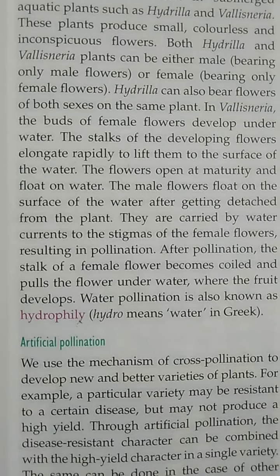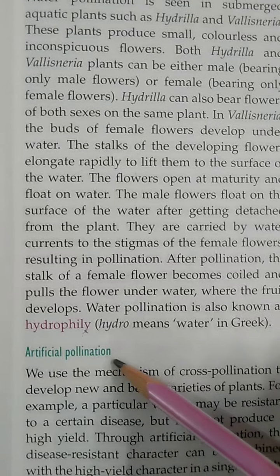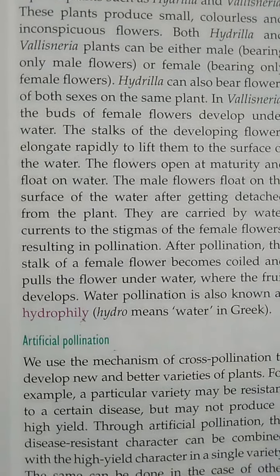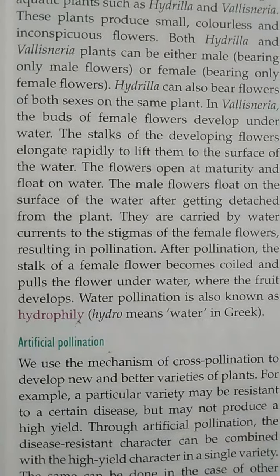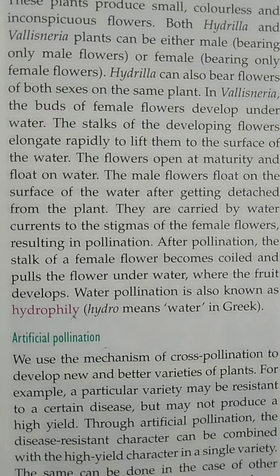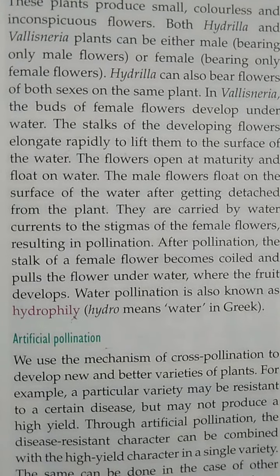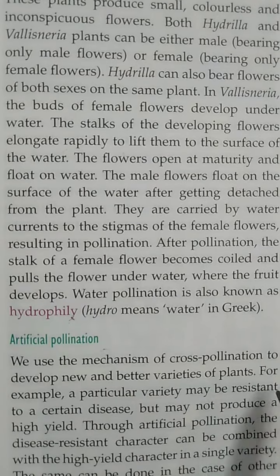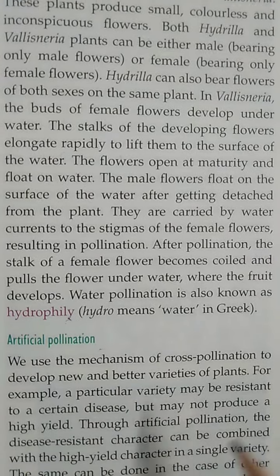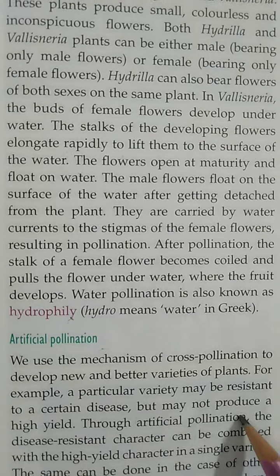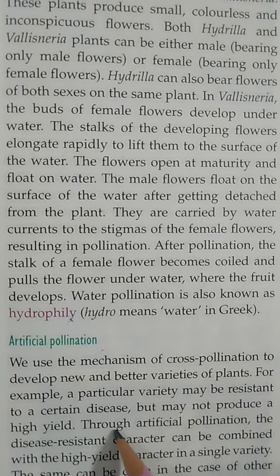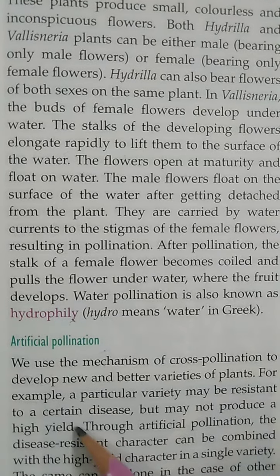Now we will discuss artificial pollination. This artificial pollination is done in those cases where we want to achieve desirable features. Suppose we have one plant which is resistant to a certain disease, but it is not producing a high yield.